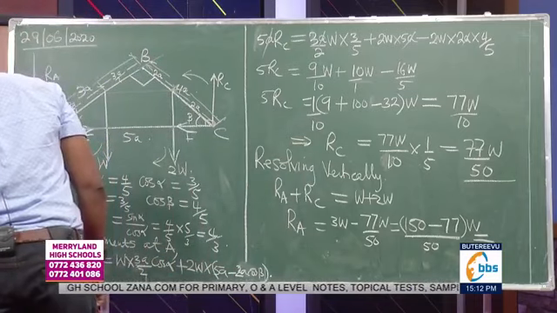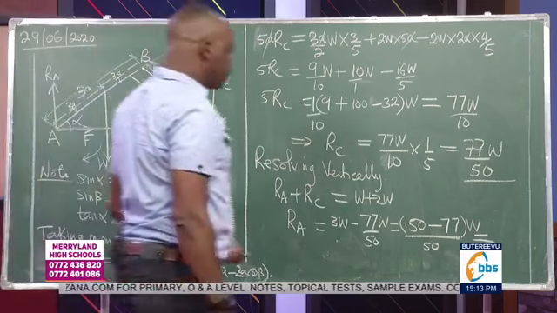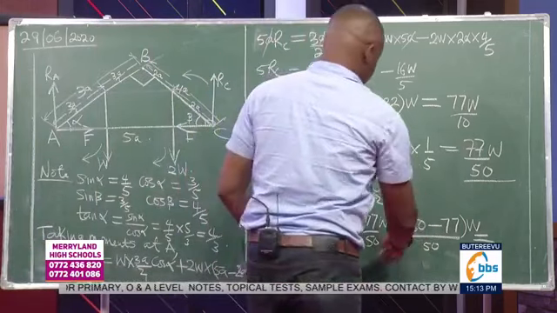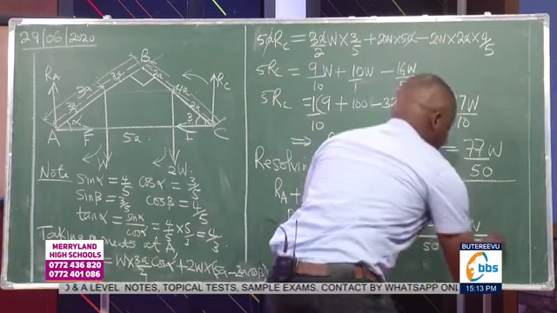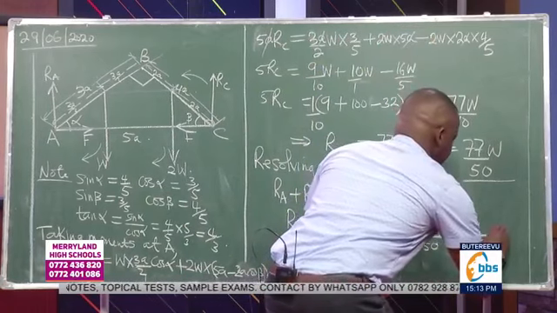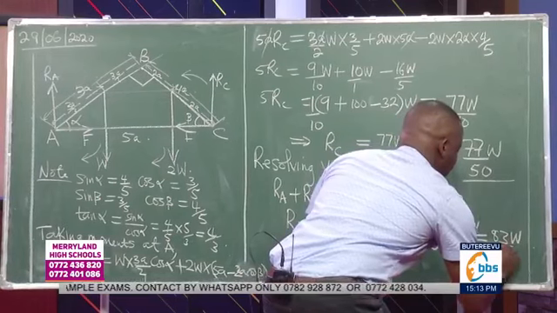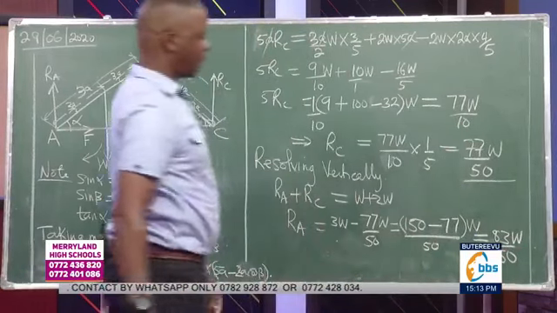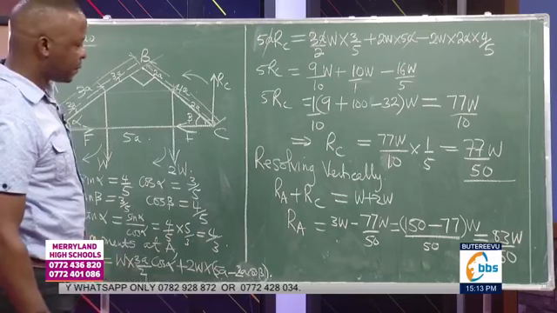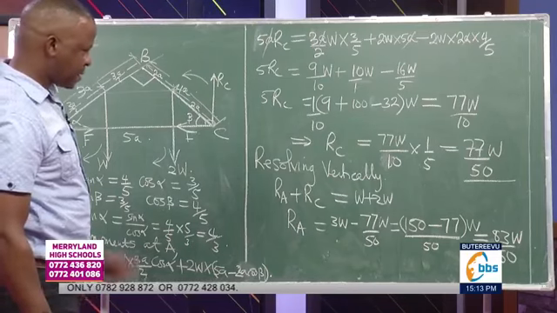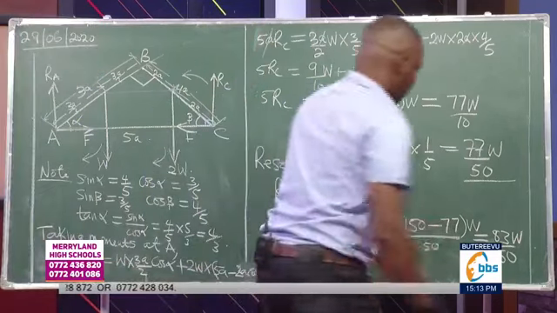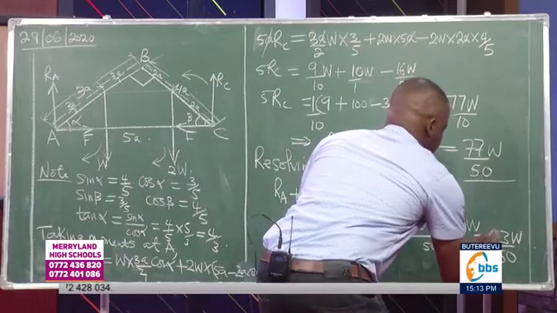We should be able to get our RA as 73W out of 50.